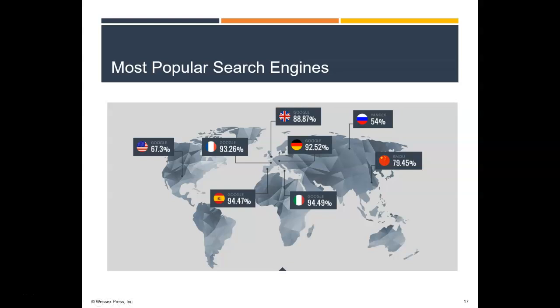You can see that Google is pretty much the most popular search engine, right? Those are previous numbers from 2018. So right now, you know that it's way more than it shows right here.